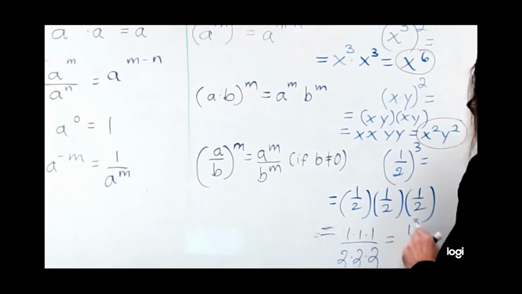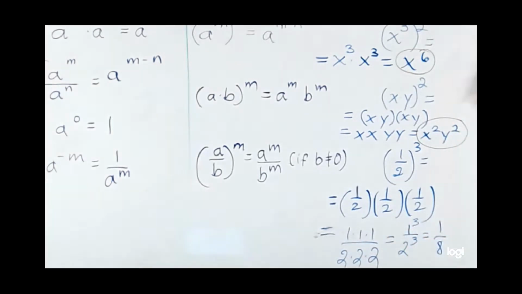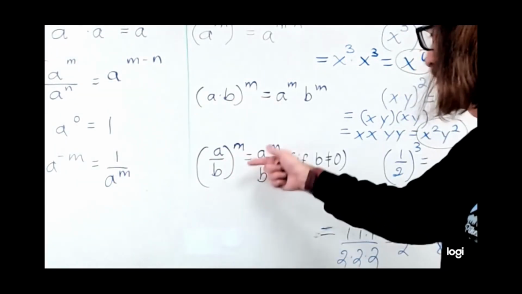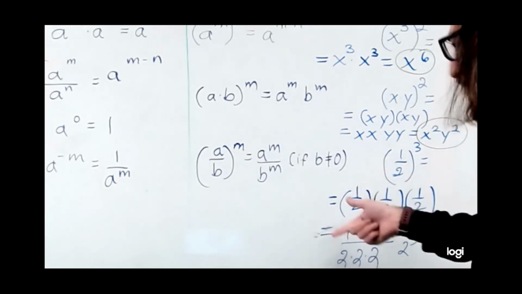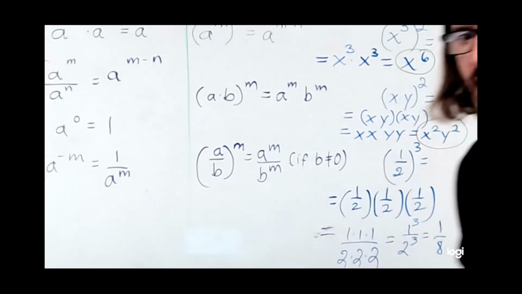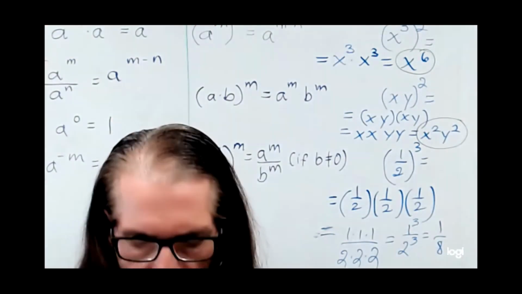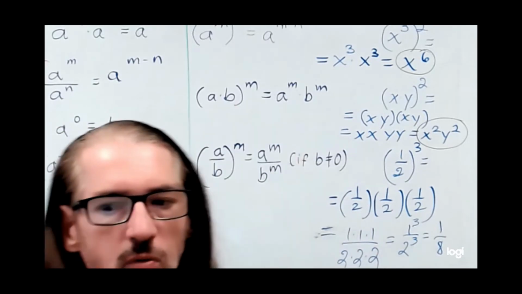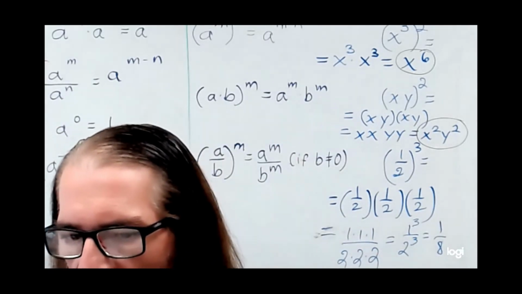But that's going to be the same as 1 cubed over 2 cubed. So our answer would be 1/8. So just like with the multiplication, we could have distributed the 3 across the division to say 1 cubed and 2 cubed and get our answer of 1/8 a lot more quickly. Now, be careful. Those last two only apply for multiplication and division.